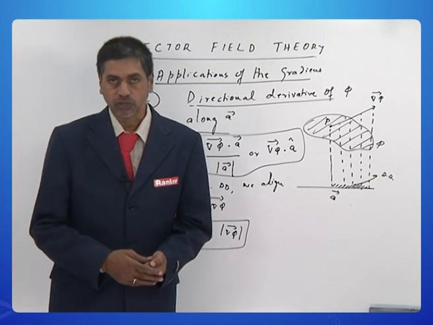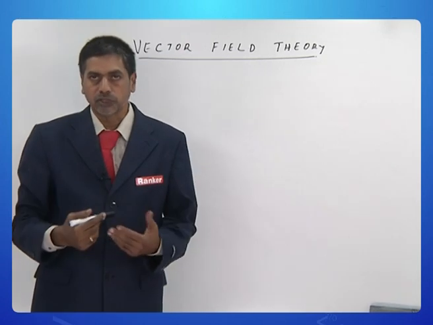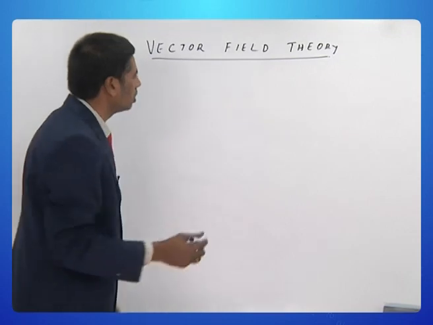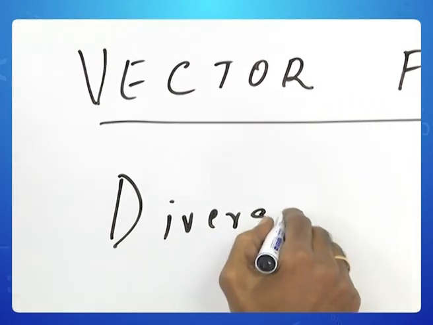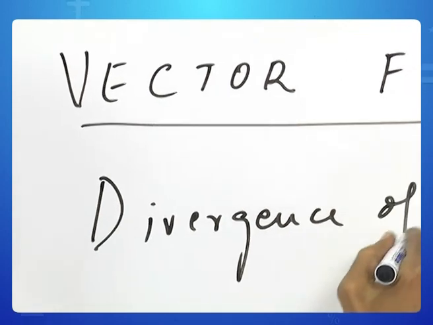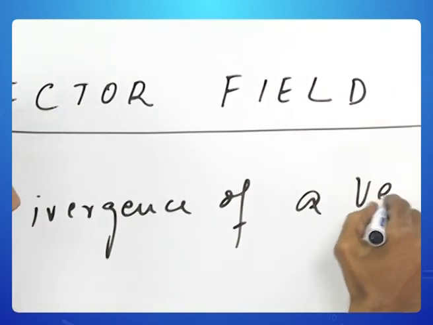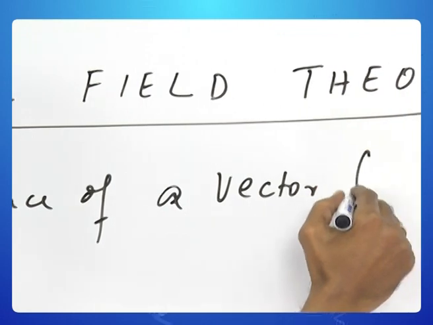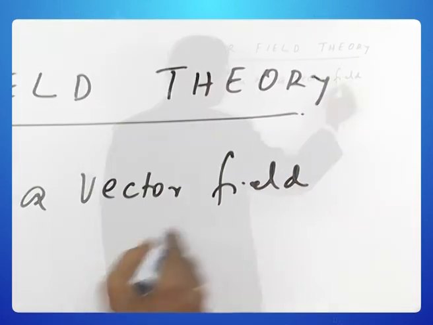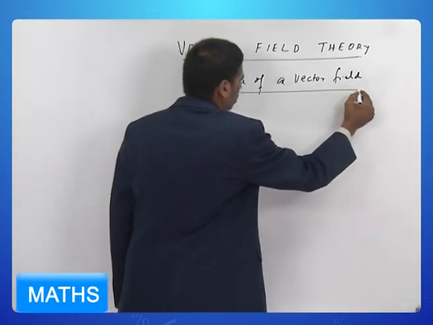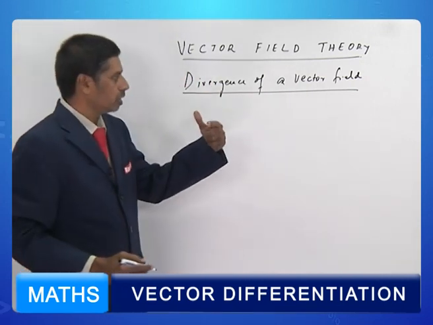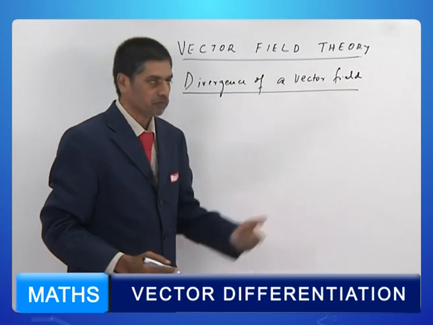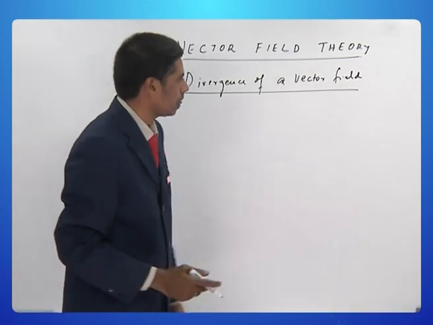After this, let us go to the concept of divergence. So, the divergence of a vector field. So, we do not define divergence of a scalar field, scalar potential. We define divergence of a vector field or a vector potential.